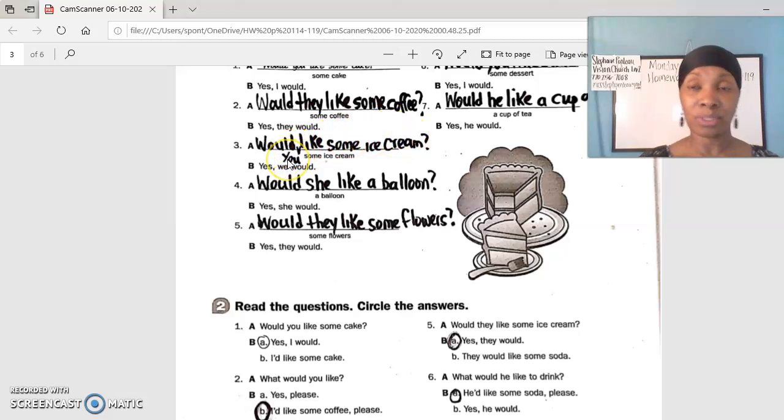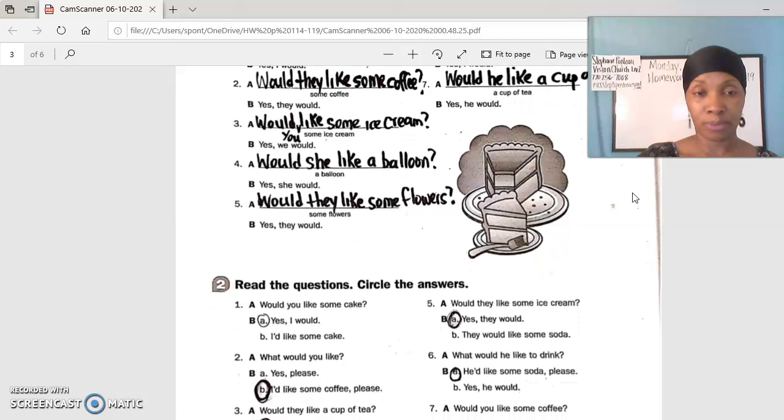Now, you can also use you if you're looking at more than one person, and then one person answers for the group. That's probably what happened in number 3. It says, would you like some ice cream? And the answer was, yes, we would. So you could also use you if you're talking to more than one person.